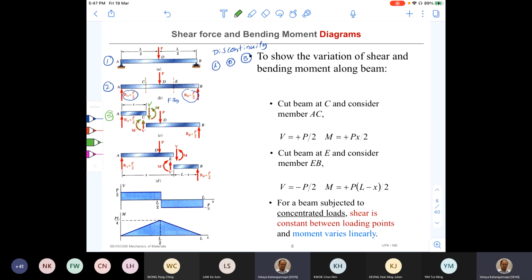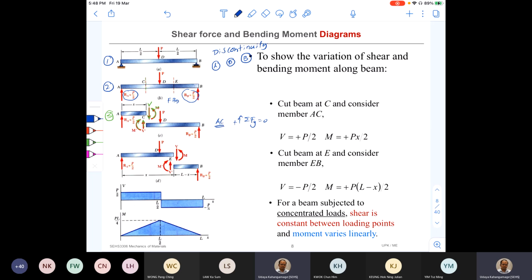Now let's find a function for this V and M. For that, we can apply our equation of equilibrium. For V, we simply write the equation of equilibrium in the y direction. All the forces in the y direction, Fy, should be 0, right? This is for AC.